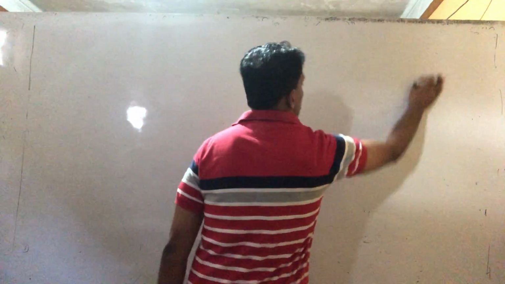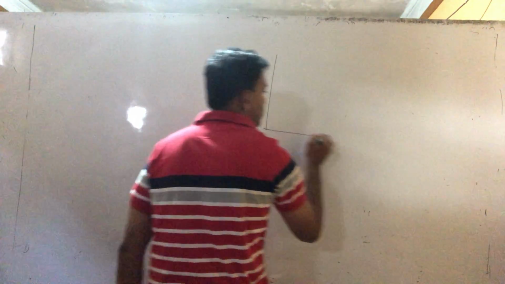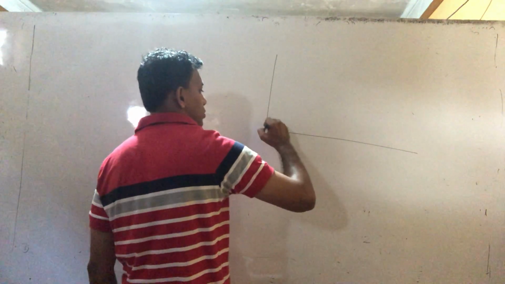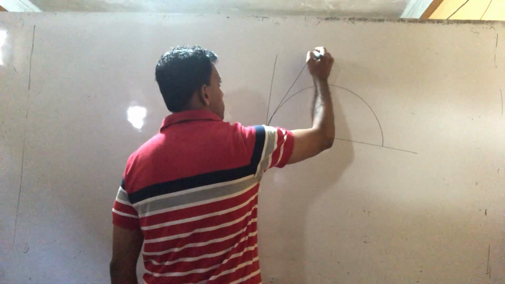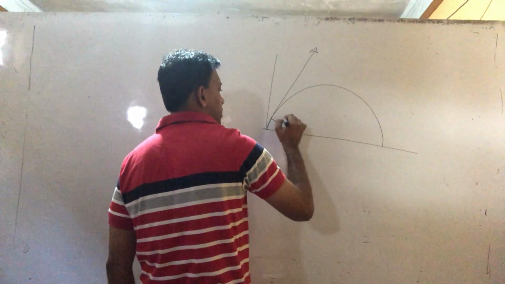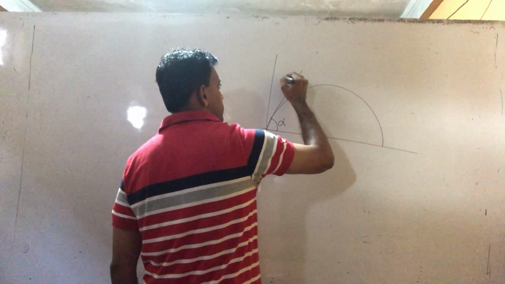So what they say is: a particle is projected making an angle alpha to the horizontal with velocity u. I show it in the usual way, drawing like this: a particle with an angle alpha, velocity u, right?